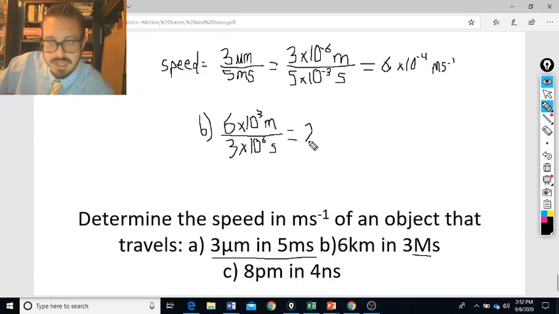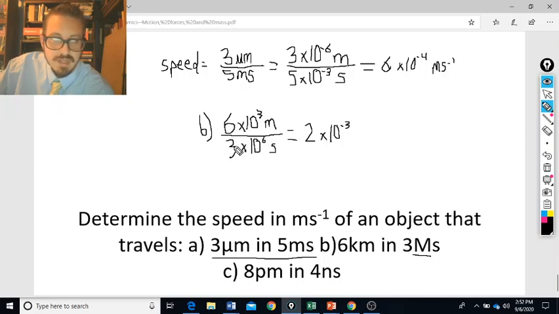So the answer that you should get would be 2 by 10 to the negative 3. And if we think about how that would work here, 6 divided by 3 is 2. And the rule again for how we treat these exponents when we're dividing is to subtract the exponents. And so 3 minus 6 is negative 3.